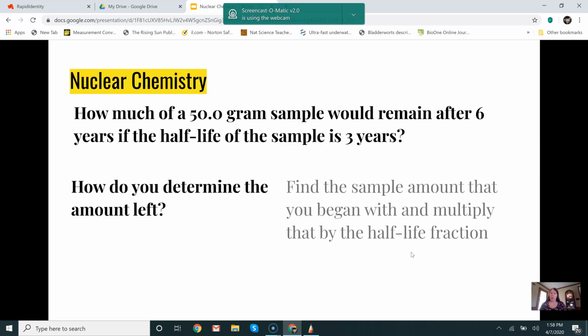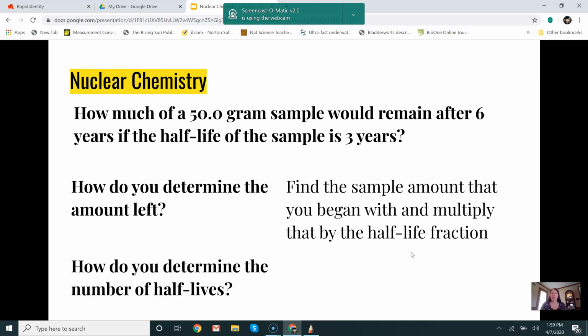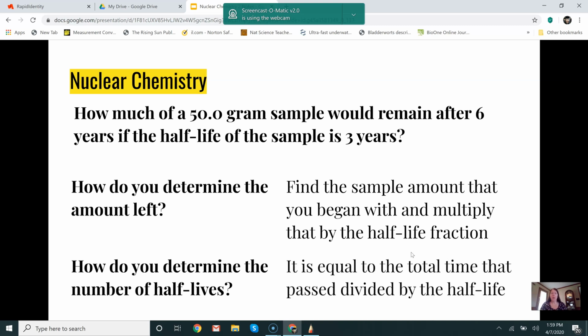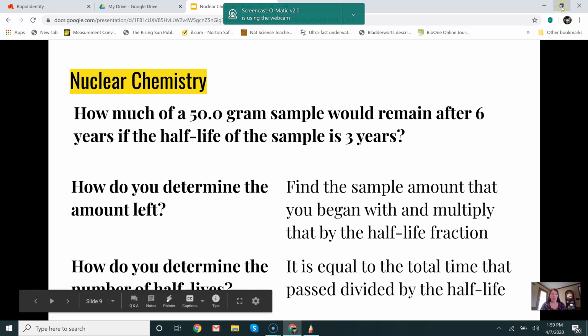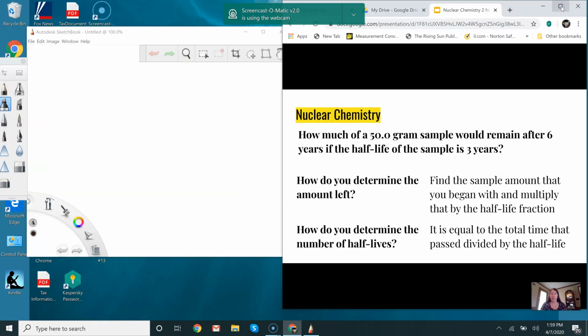So we're going to find that sample amount in this equation. It's 50 grams that we're starting with, and then we would use the half-life fraction. But we can't know what the half-life fraction is unless we determine the number of half-lives. And to do that, we've got to find our total time and divide it by the half-life time.